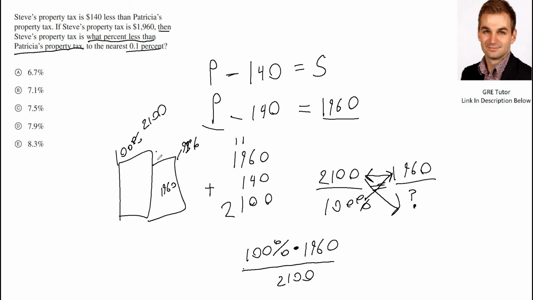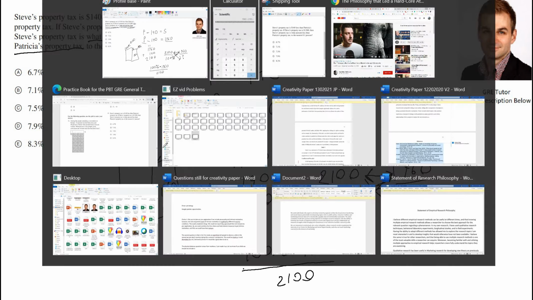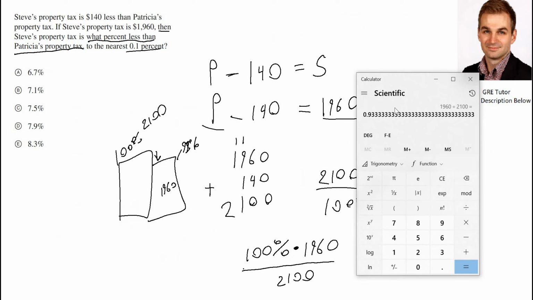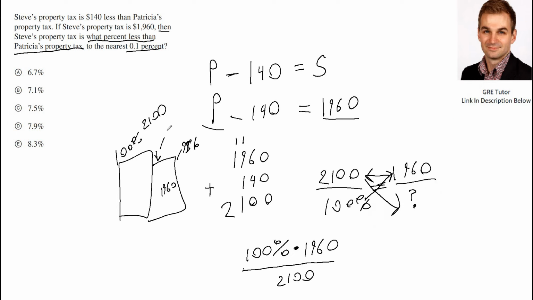So what percentage did we go down? All you do is subtract 1 from this, and you see that we went down 0.07 or 7%, or 6.7% actually is the best way to say it. So this is a 6.7% decrease. So we look over here and see, do we have that? And we do. It's A.